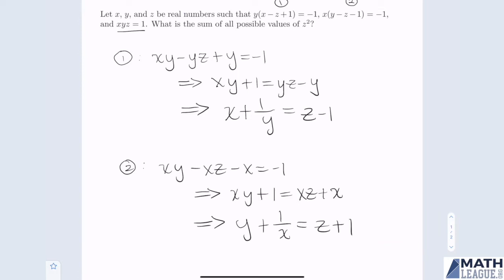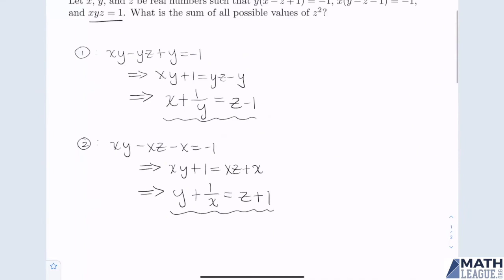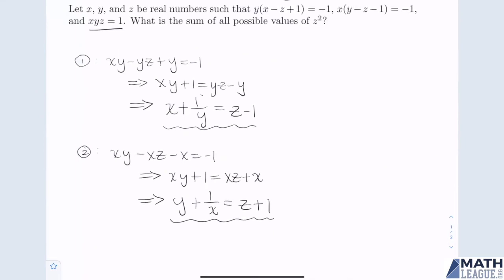And so now what we can do is multiply this equation and this equation, because there's a 1 over y term in the first equation and a y term here, so that can cancel out, and the same for the x terms.